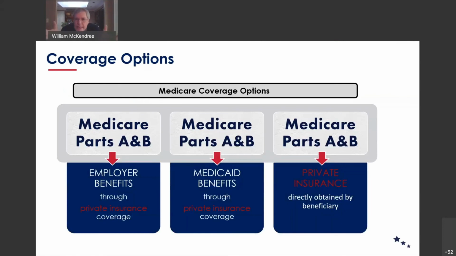There are 3 ways that they're going to obtain private insurance. Either an employer, after they're done working, is going to provide them with not just an employer benefit, but a post-employment benefit, typically a retirement health benefit, but most individuals do not have access to this. A good example would be an individual that works for a school district.